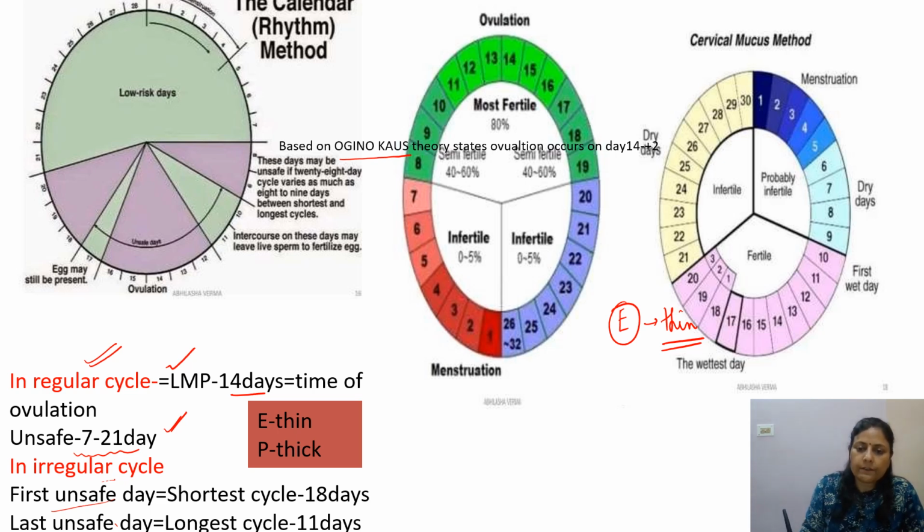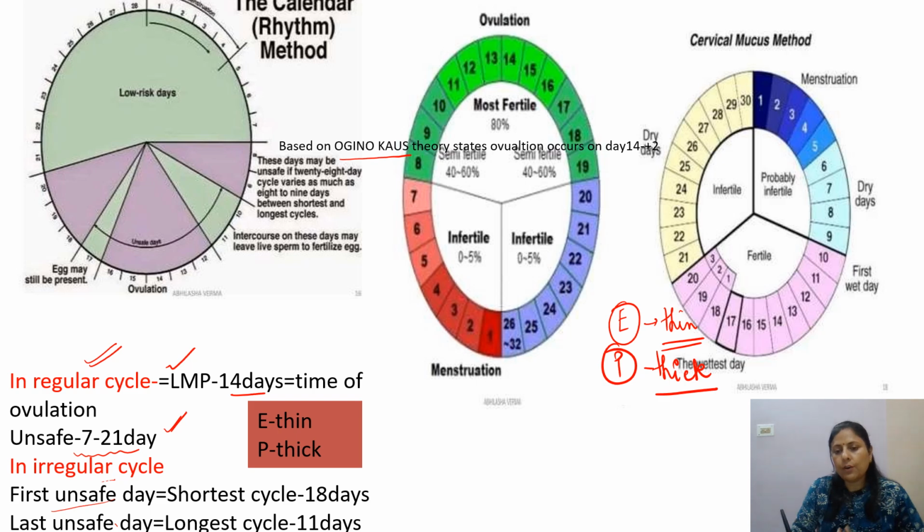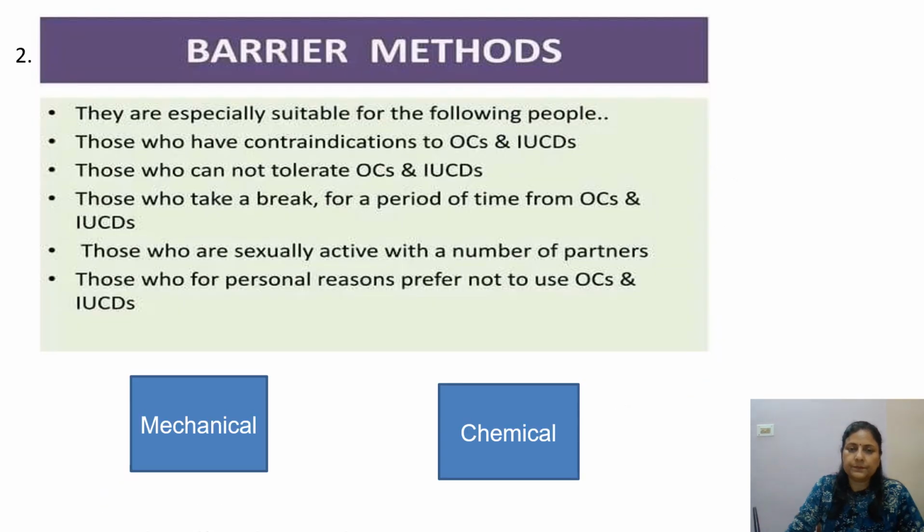But if the cervical mucus is thick, the thickness of mucus is due to the presence of progesterone, which appears in the blood only after ovulation. So it shows that ovulation has occurred. Through this method, you can know the time of ovulation by knowing the consistency of the cervical mucus.